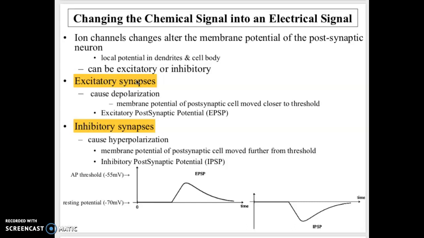In excitatory synapses, it's depolarized, and that moves it closer to threshold and more likely to continue signaling. Inhibitory synapses cause hyperpolarization, and they're further from threshold. We abbreviate these EPSP and IPSP.